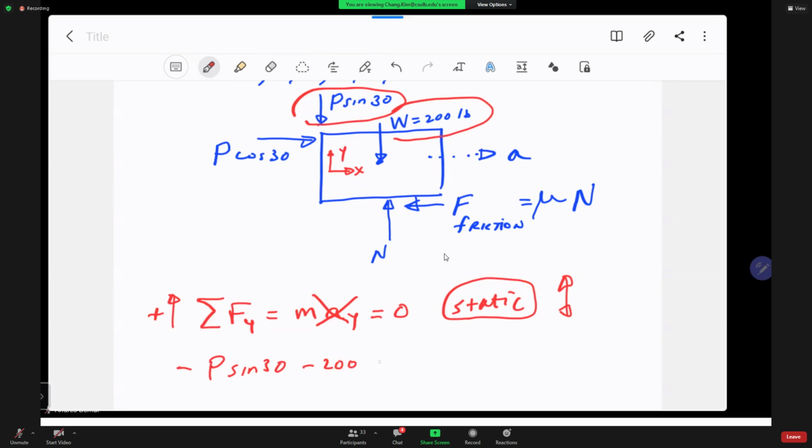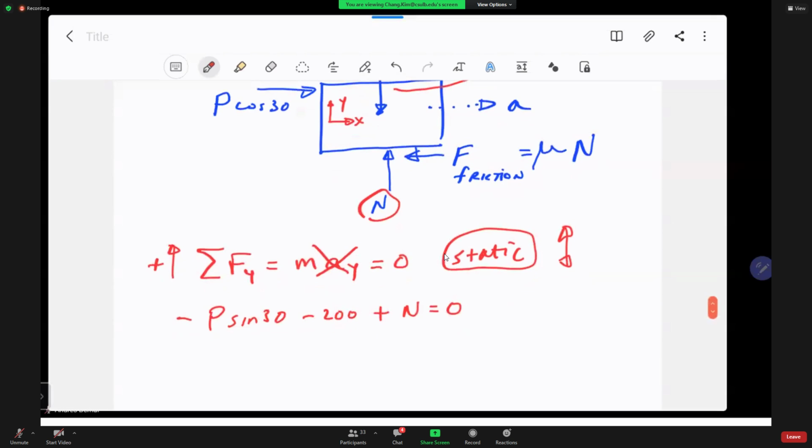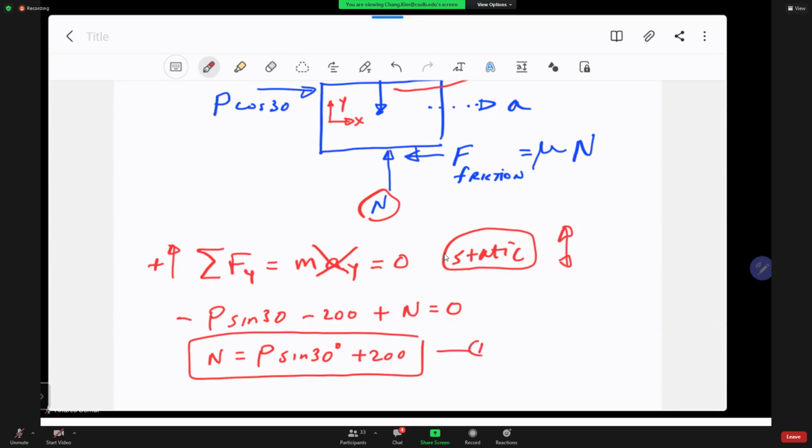And the plus N is acting upward and has to be equal to 0. So N in this case is P sine of theta 30 plus 200 pounds. So the first equation has been established.